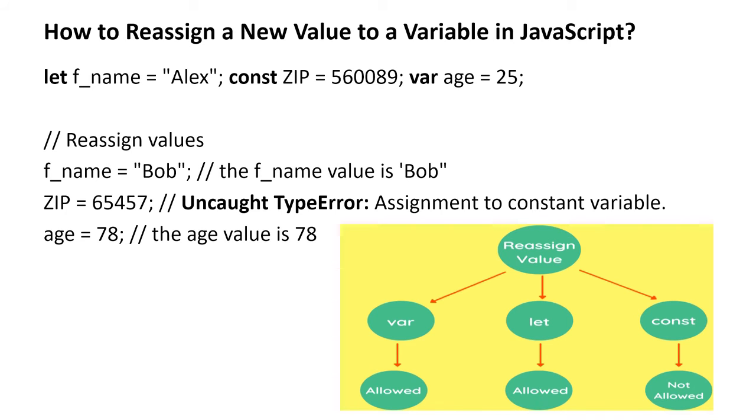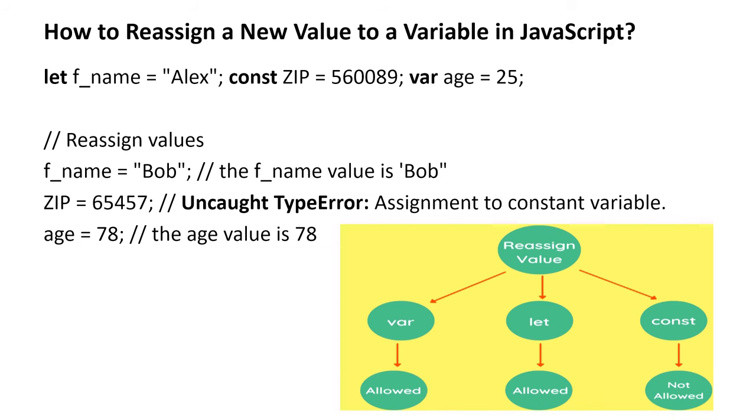How can we reassign a new value to a variable in JavaScript? So let fname = "alex", const zip = 560089, var age = 25. Now reassigning the values: fname = "bob", zip = 65457, age = 75. fname returns bob. zip returns uncaught type error.